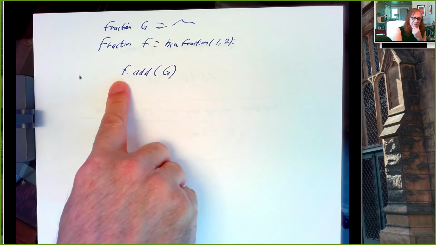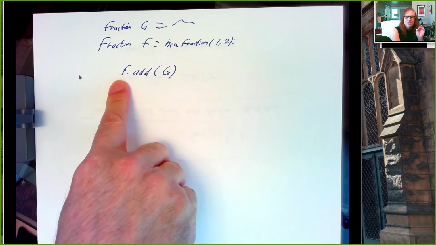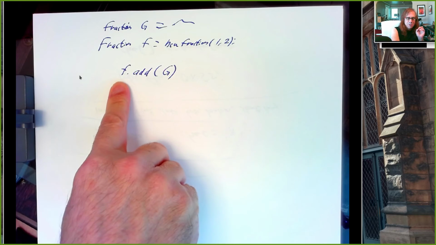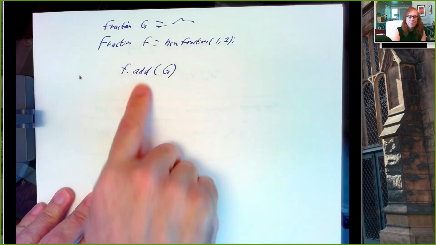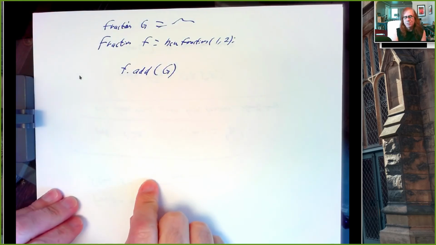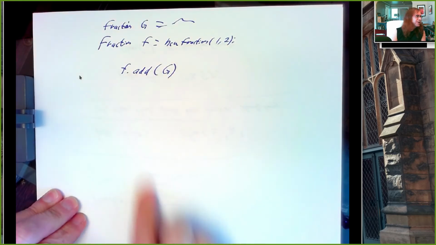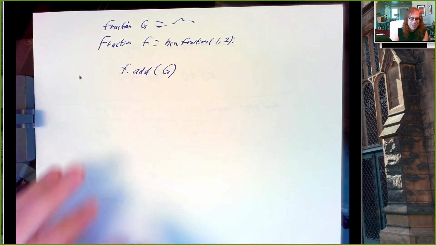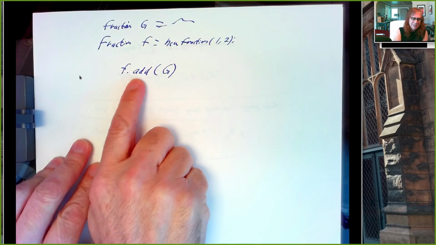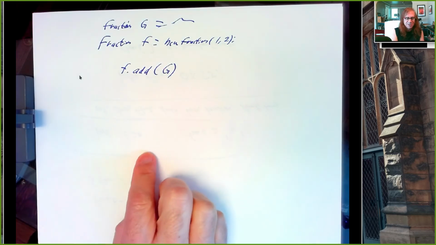In other words, we think of f as being an object of type fraction, which means that there is a numerator and a denominator associated with f, right? Those numerators and denominators are the thing that I want to use in my add method when I say new numerator equals numerator plus g dot numerator and so on, right? So this makes perfect sense to say that I'm going to add g to this fraction f.